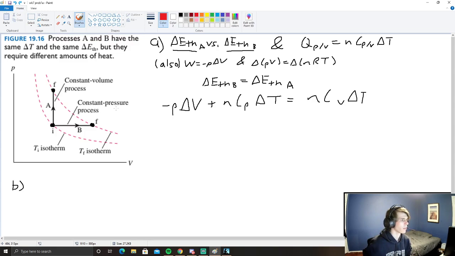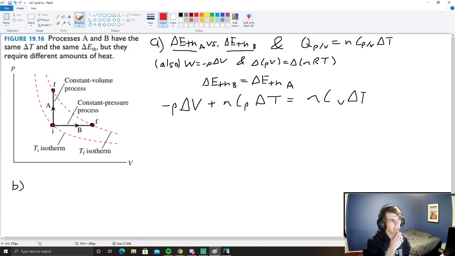Anyways, what's unique about this graph is that it shows you quite nicely that this process from I to F, or initial to final, in both of these processes, they start at one isotherm and they end at the same isotherm.